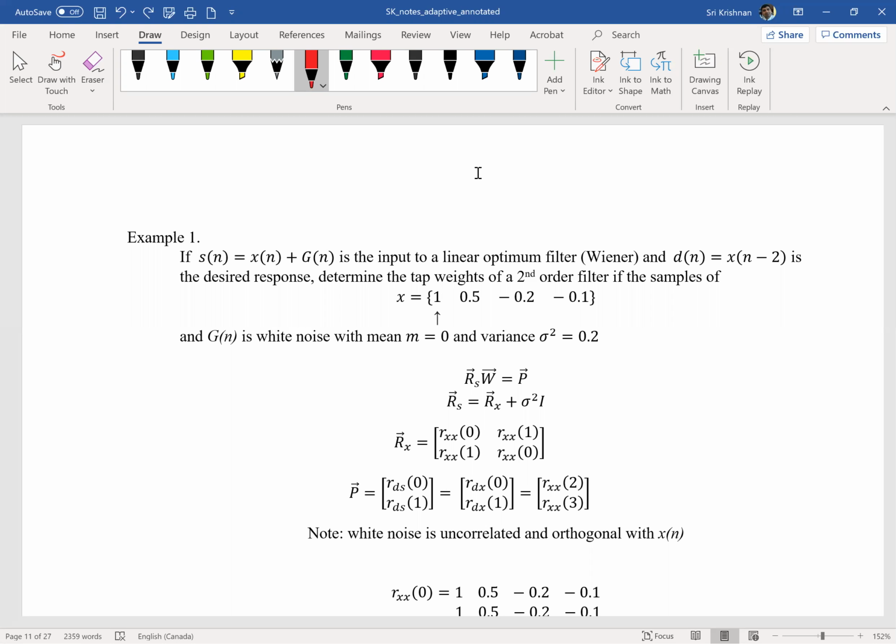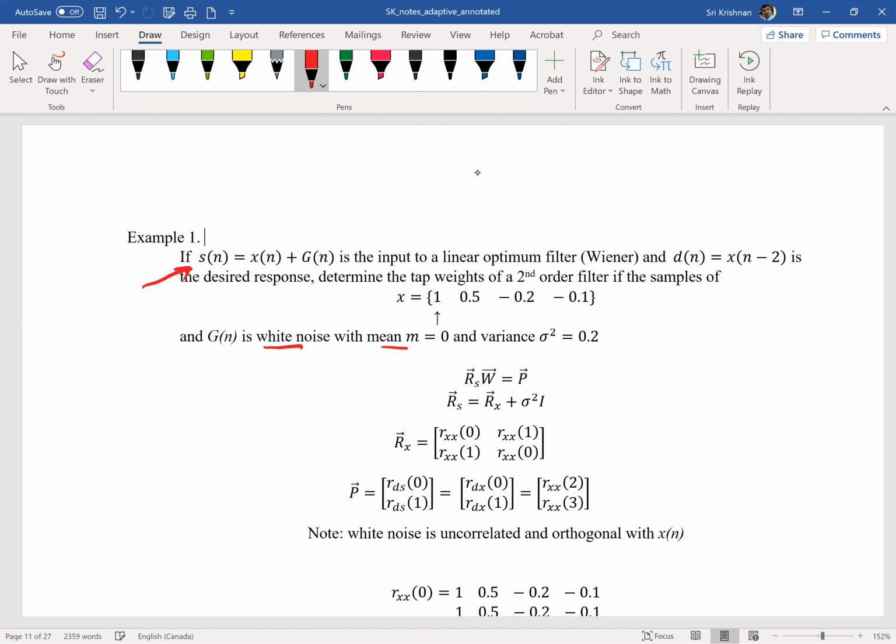So we will consider a toy example here, a simple mathematical example to go over the concepts that we have seen. In this, we are making a lot of very simplistic assumptions. We assume the input to the adaptive filter is S of n, which has the signal of interest X plus G, where G is a white noise.